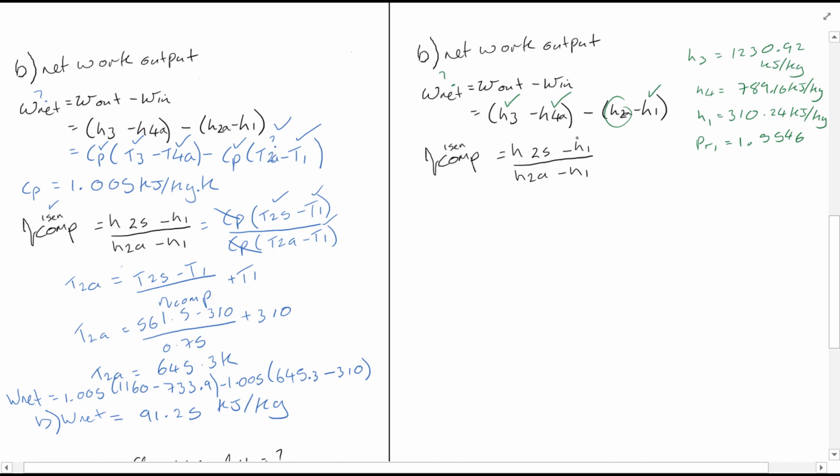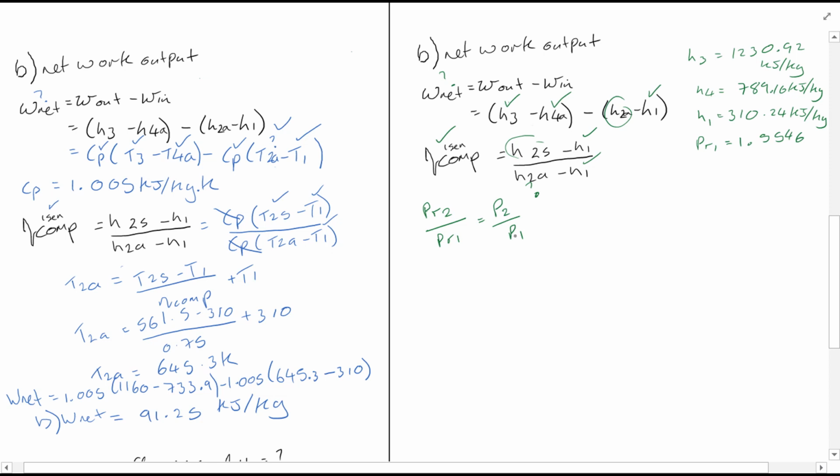So we know H1, and of course we know the isentropic efficiency of the compressor because that's given. We can find H2S, and then we can find what we're looking for, H2A, put H2A into here, and we found the network. So we know from this equation PR2 over PR1 is equal to P2 over P1.